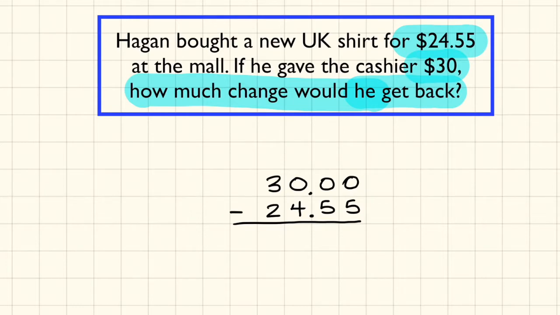It is still, at the end of the day, 30. In this case, it's dollars, but I can add as many zeros to the right of that decimal place, and I will never add any value to that number. But in adding the zeros, it allows me now to subtract. So I've got a number that is equally distributed on the top and bottom in terms of digits, and now it's time to do some subtracting.